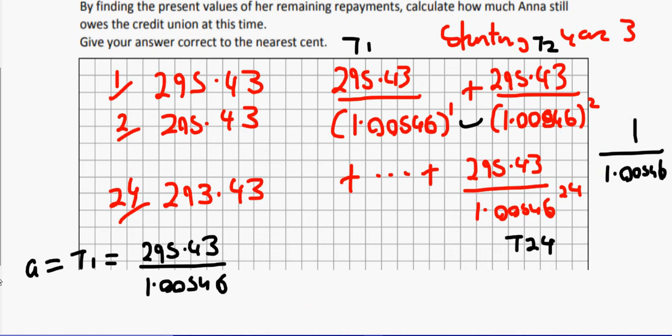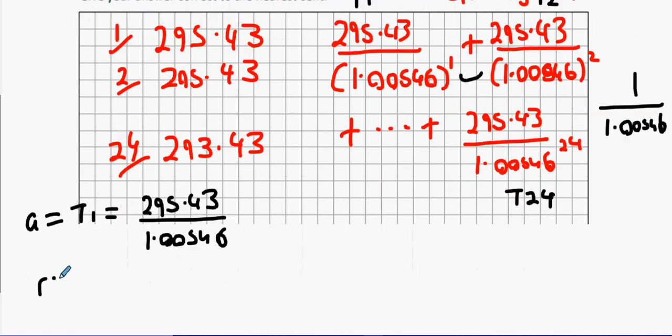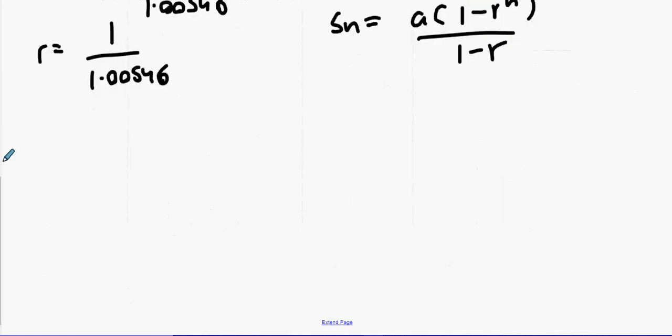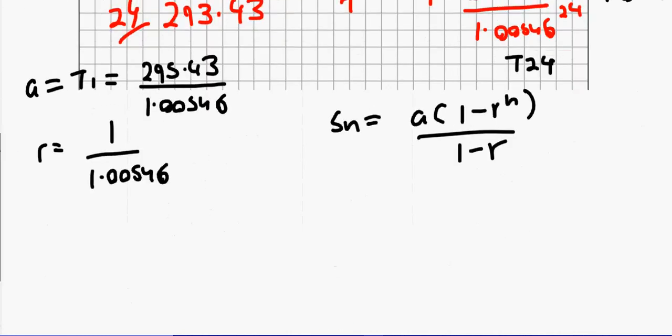So that means the R value is 1 divided by 1.00546. Now if we use an Sn for a geometric sequence, it's 1 minus r to the power of n all over 1 minus r. We're doing S24 because there are 24 separate payments.